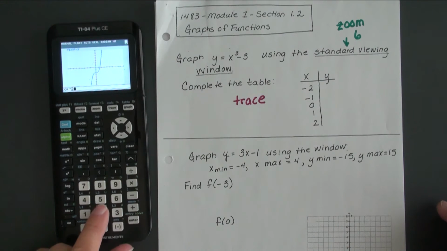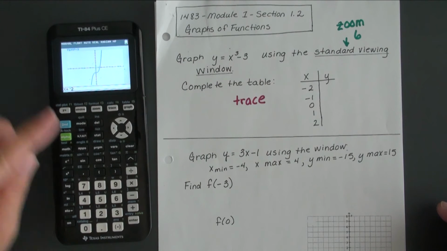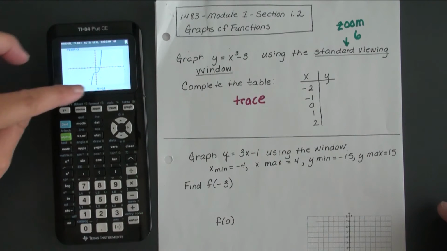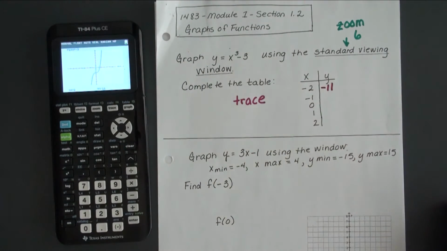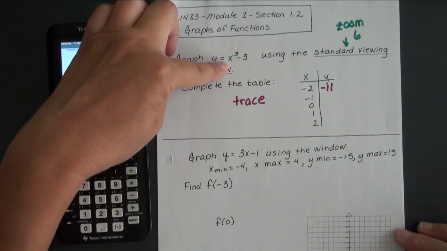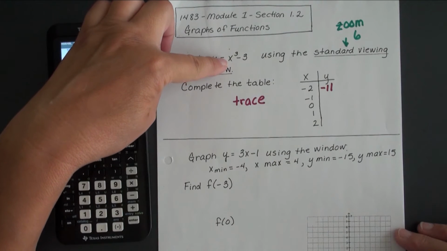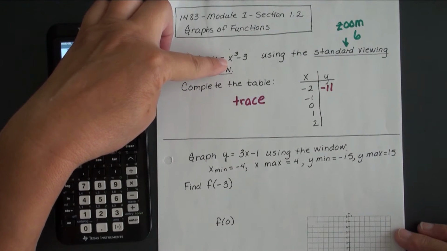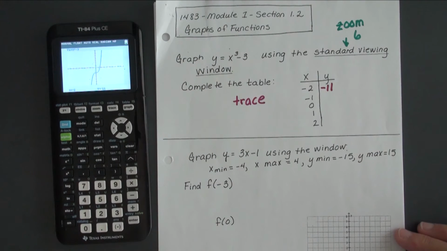So -2, you should see x equals -2 right here, and then press enter, and y equals -11. Now that's the same thing you would get if you plugged in a -2 into this equation and evaluated. -2 to the third power is -8, minus 3 is -11.